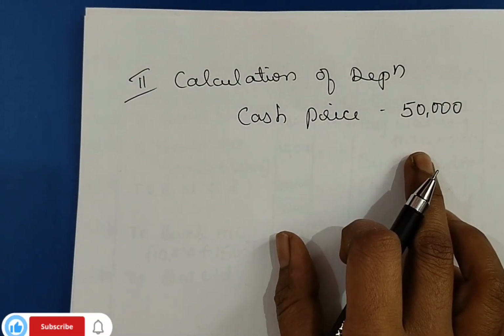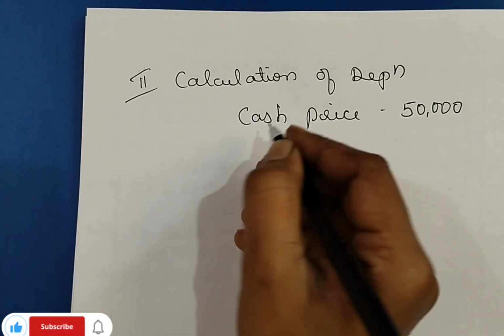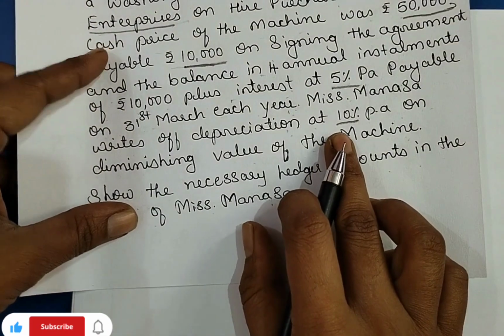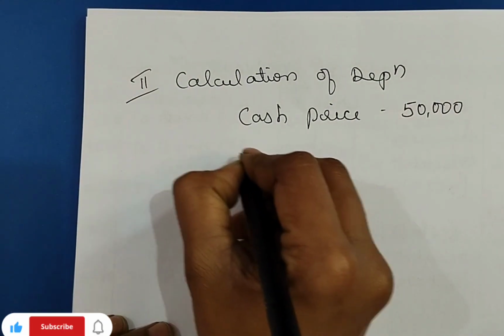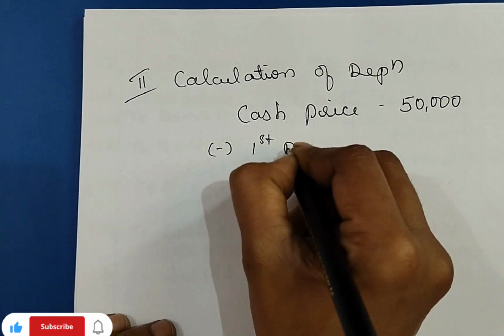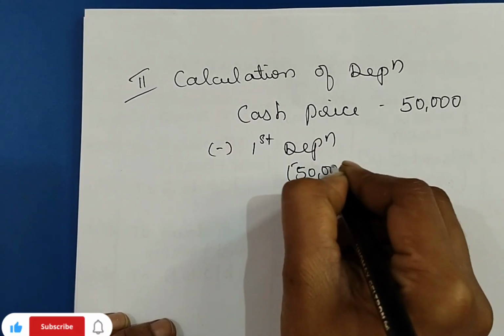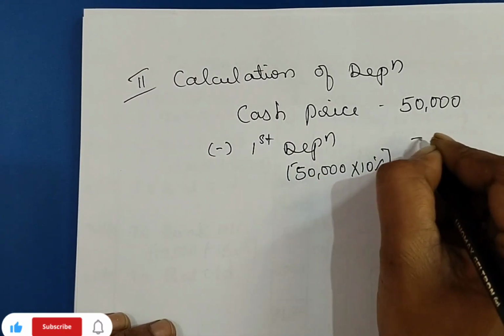And the rate of depreciation is 10%. Now we'll calculate depreciation for first year. Less first year depreciation on 50,000, 10% is 5,000, right?